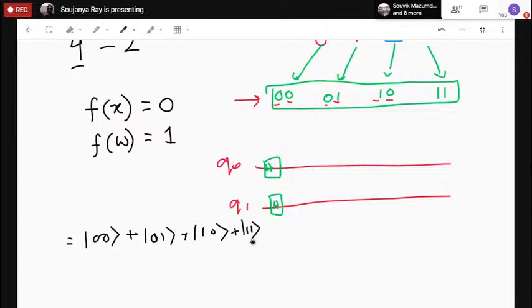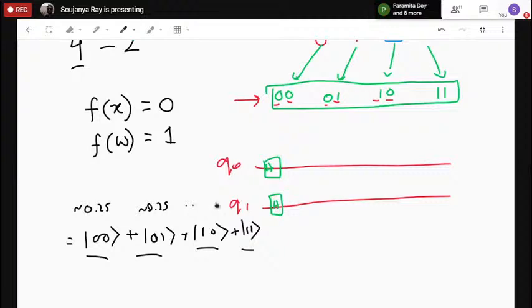When they are in superposition, they'll be equally probable: if you measure these 2 qubits, there is an equal chance that any of these will come out. So if there are 4 numbers, it's equal to 0.25. The probability of each of them showing up is 0.25.